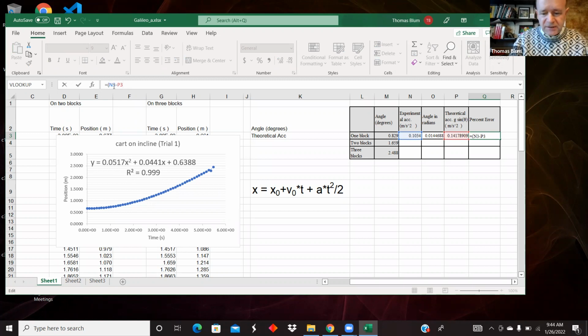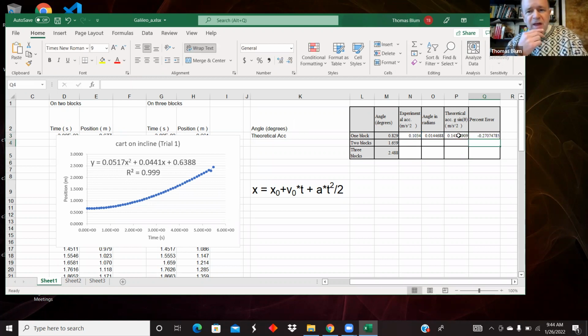So I'm going to put parentheses and then divide by the theory, which was P3. That is closer to what we want. We have the experiment minus the theory divided by the theory.